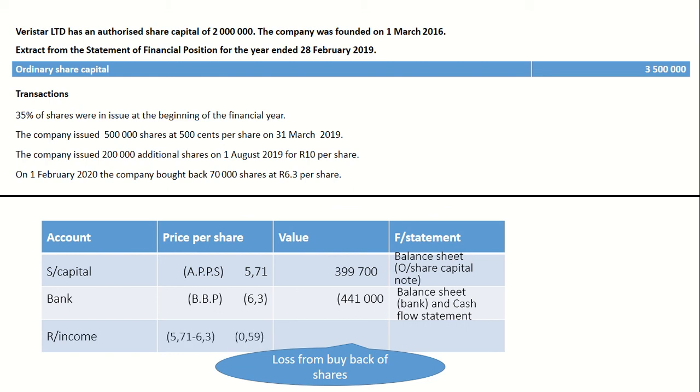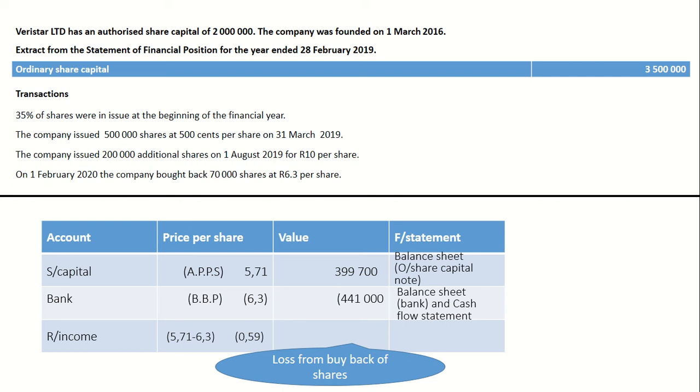Now you will realize that we actually paid 0,59 more than the average price per share. I repeat, we paid 0,59 more than the average price per share. I know that with classwork 4, I said to you, if you paid more than the average price per share, it means the company made a loss, right?